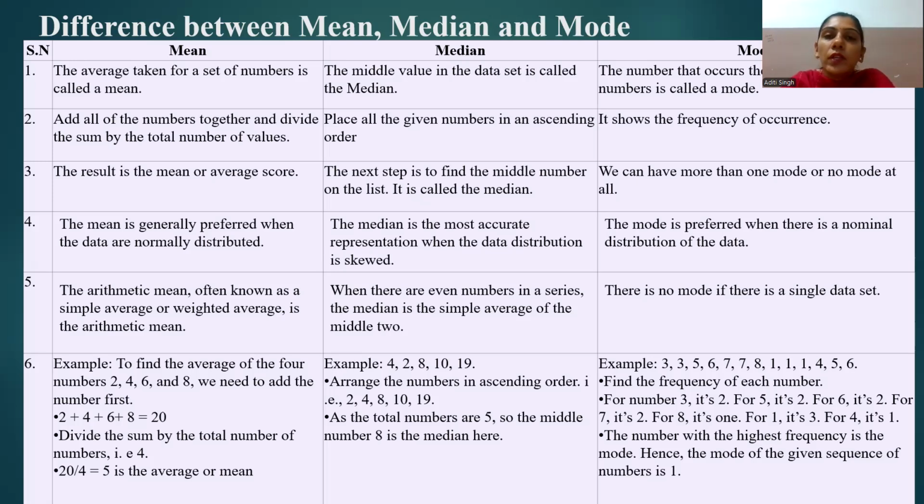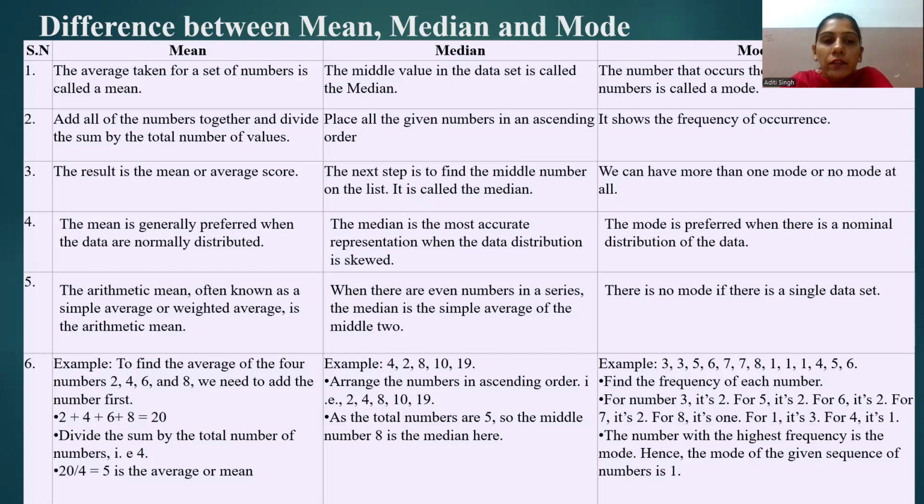Now, how will we calculate mean, median, and mode in a given data series? In mean, we have to take the sum of all the numbers given in a series. We add all the numbers together, and after that we divide the sum of all the values by the total number of values.